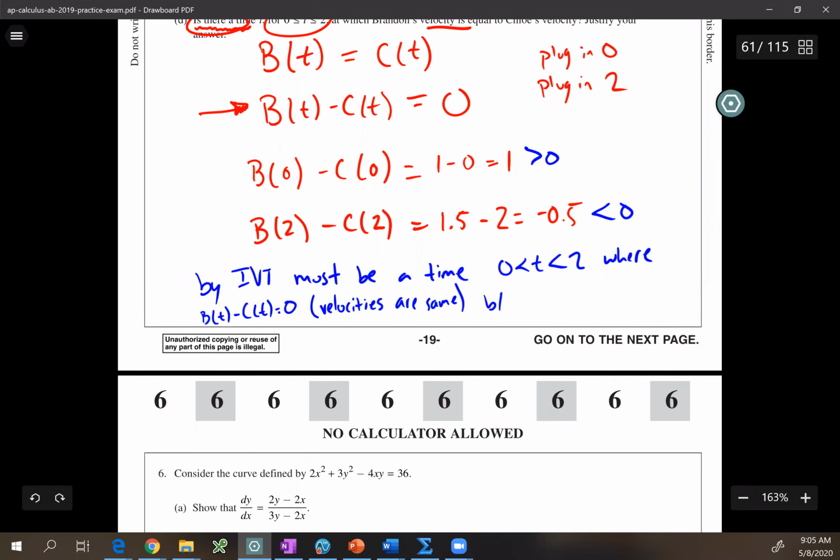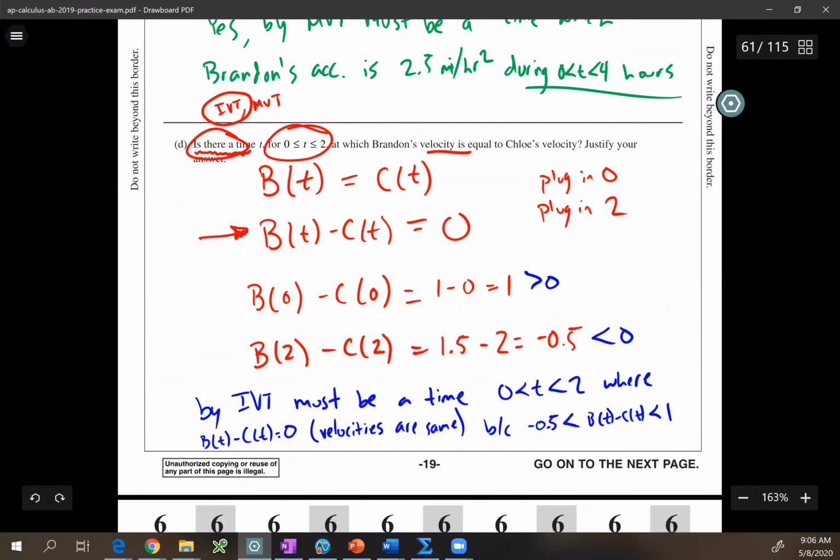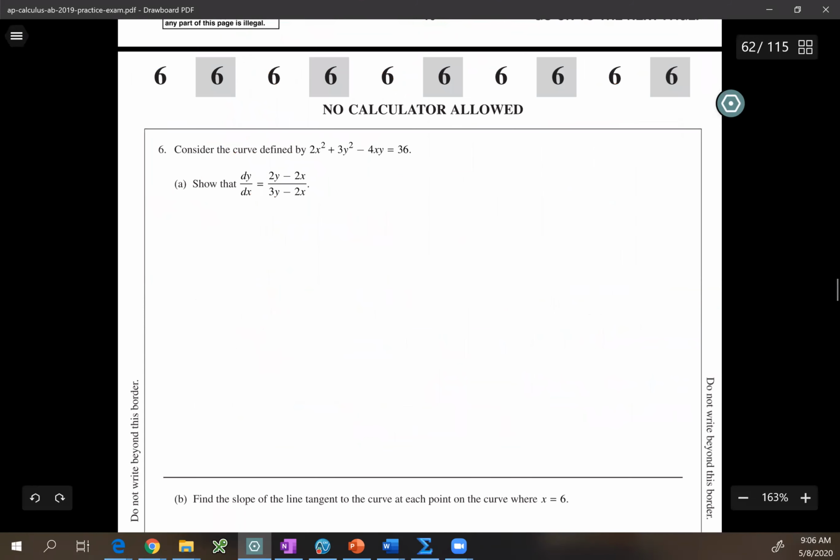Because negative 0.5 is less than B of t minus C of t, which is less than 1. So something like that. And what we may want to add, because we're using IVT, is that B of t and C of t are both continuous from 0 to 2, just so that they know we're thinking about that. Okay, that was definitely a little bit more weird, but we got through it.